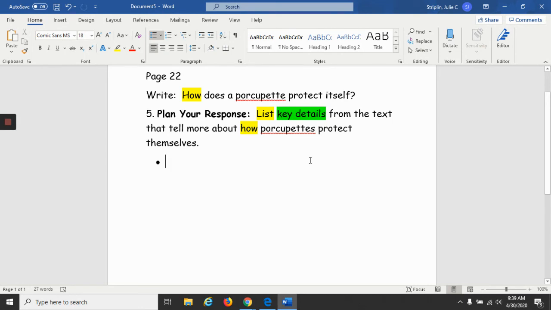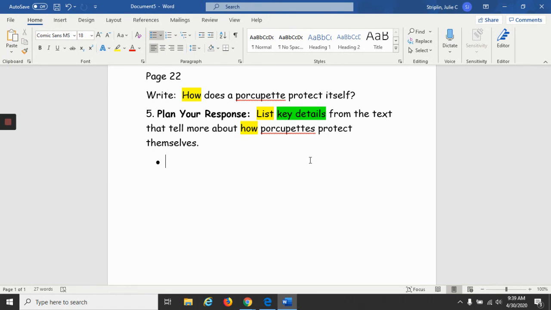And once I have that typed out, I will hit enter, or you will just go down and make another little dot. It's just like a little period, but a little bit bigger. And then I will make another one, and then I will list another way that porcupines protect themselves. And so that is how you make a list.